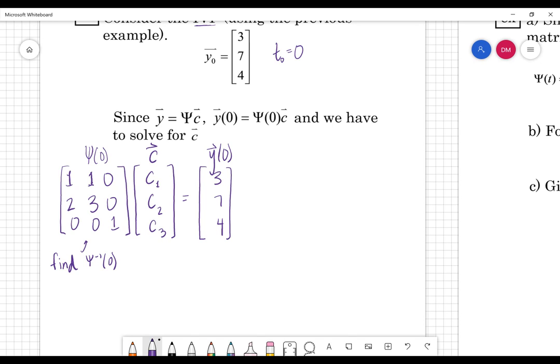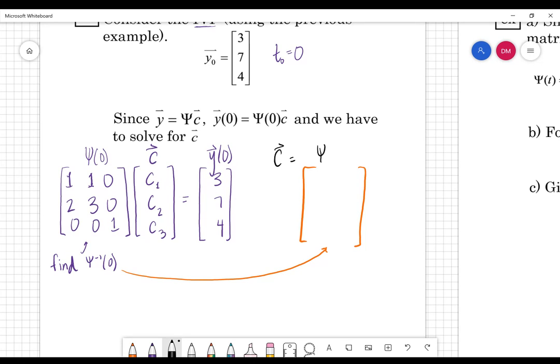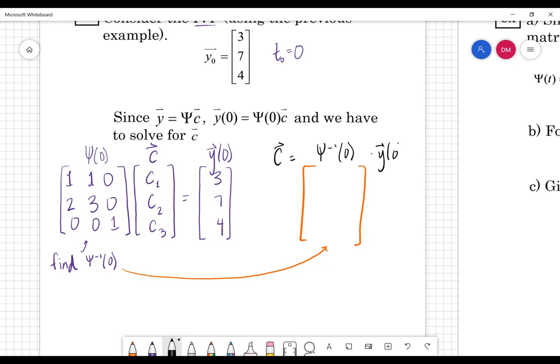And so what I'm going to do is, like I said, go ahead and shortcut that. So we're going to come over here, because if I have my inverse, then the way that I could rewrite this using the inverse is that C is equal to the inverse of the fundamental times y of 0.